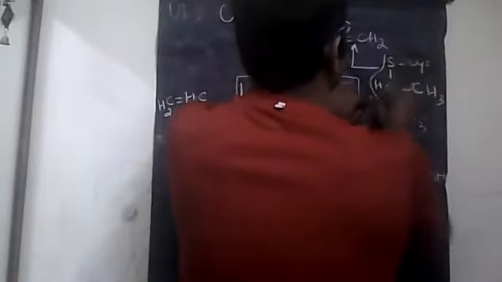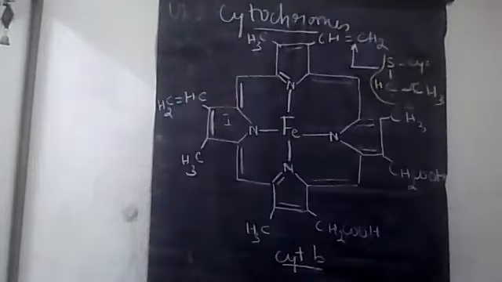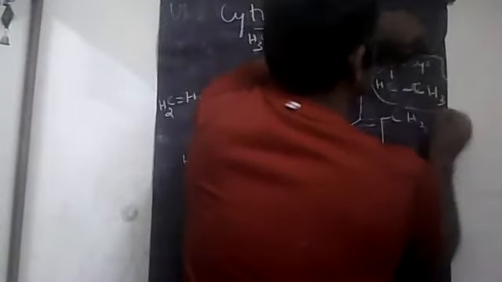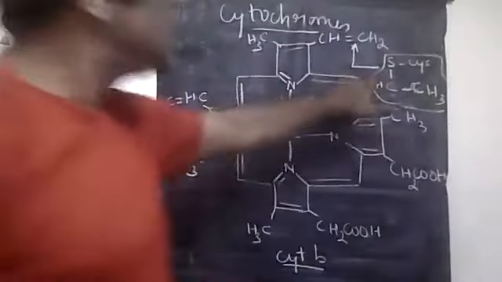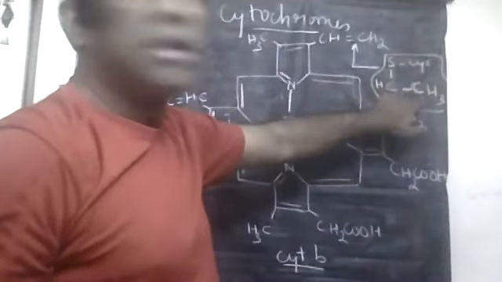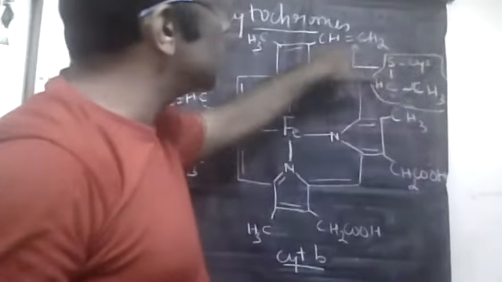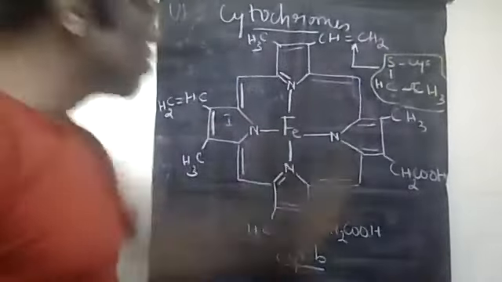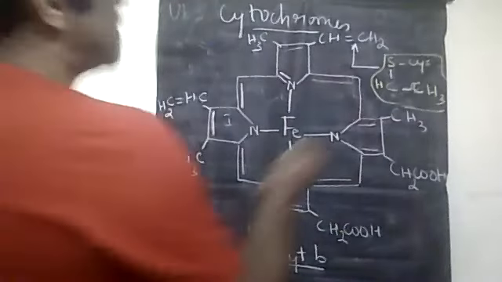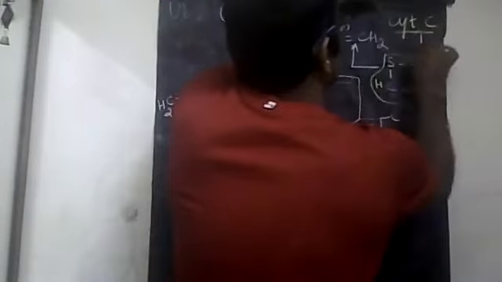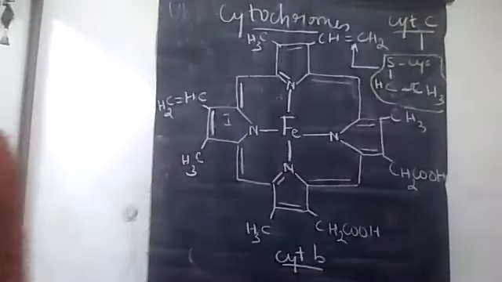See here. If this group is replaced by this one, sulfur, cysteine, CH-CH3. If this group, CH-CH2, is replaced by this, then this becomes the same structure, and will convert into cytochrome C. Becomes what? Cytochrome C.